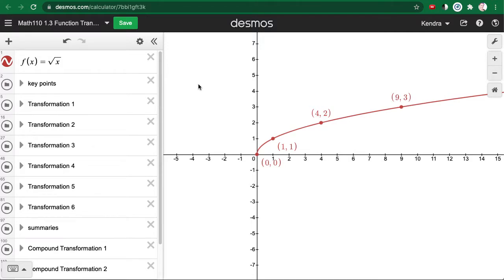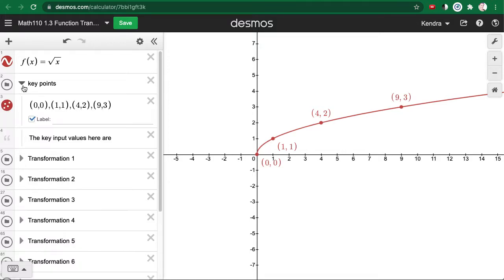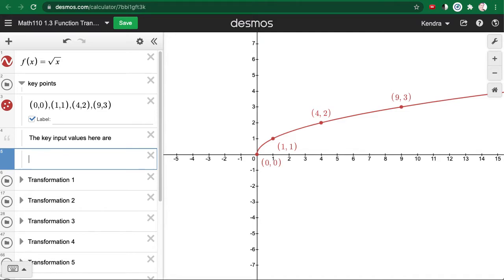So as we're looking at each of these transformations, we are going to track those key points. And in tracking those key points, it's really important for us to look at the input values. The input values in those key points are basically the x coordinates. So those are 0, 1, 4, and 9.